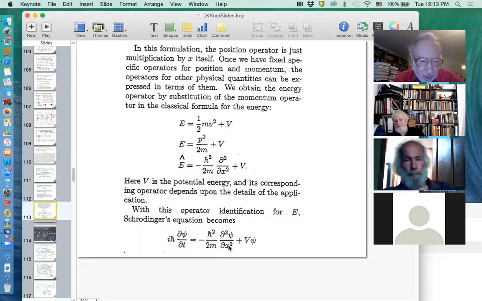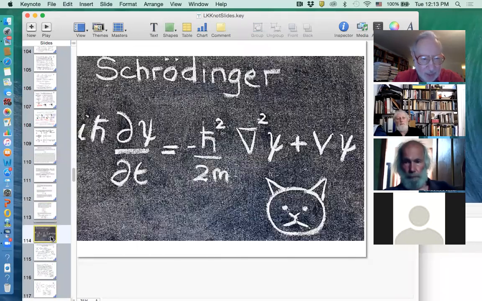Here, one is asking, what kind of information can I extract from a wave? And by playing a game that isn't obviously going to lead you in the right direction, it led Schrodinger in the right direction, and turns out to be a very good model for a lot of physics. So we end up with Schrodinger's equation.